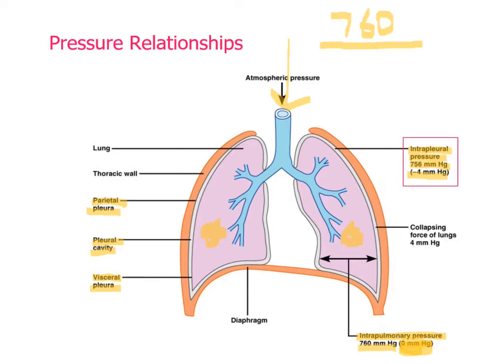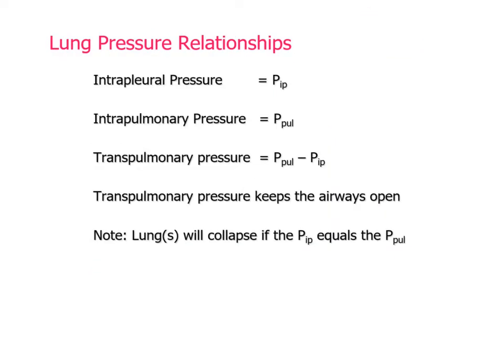Pressure rises in the intrapulmonary space, and it rises enough such that it is greater than atmospheric pressure and the air flows outwards.